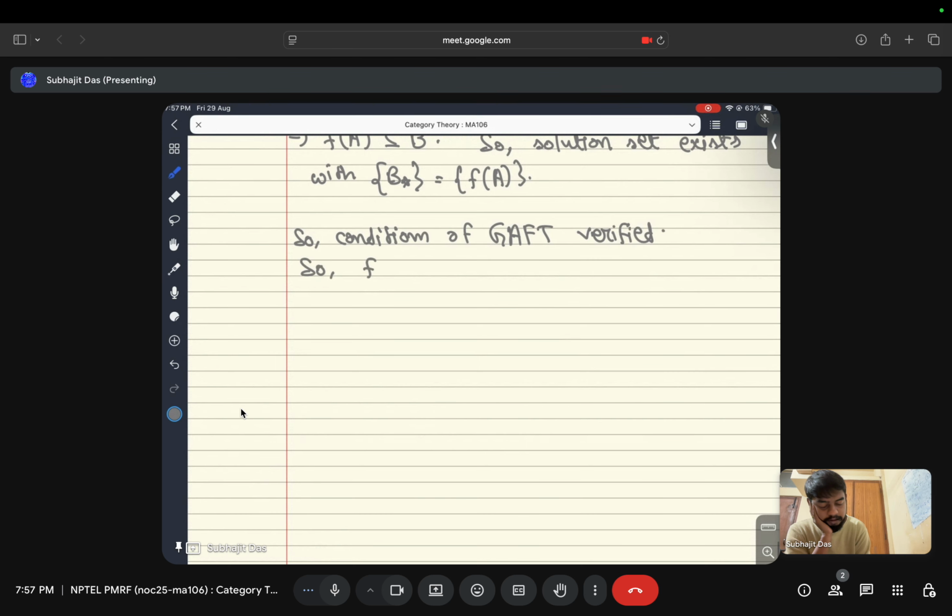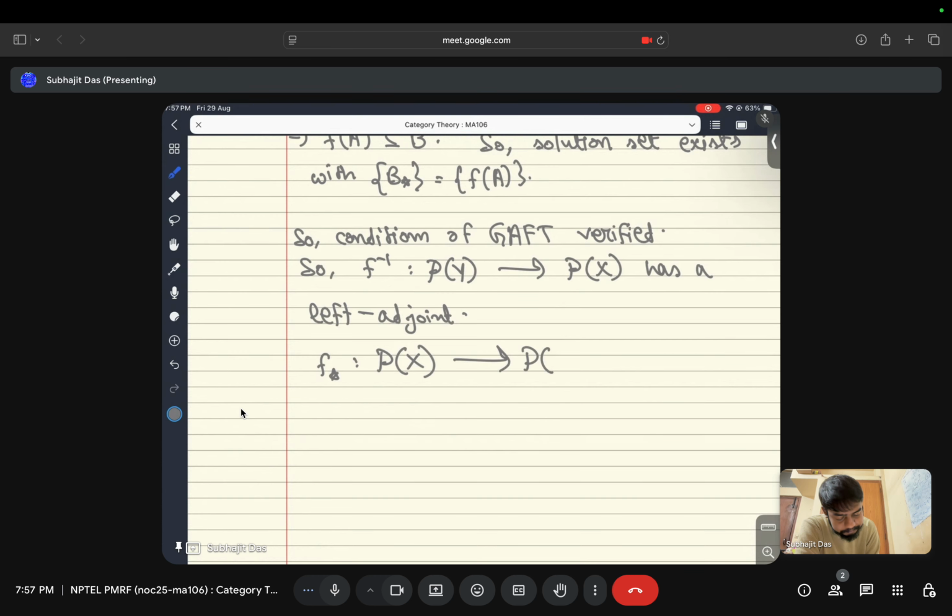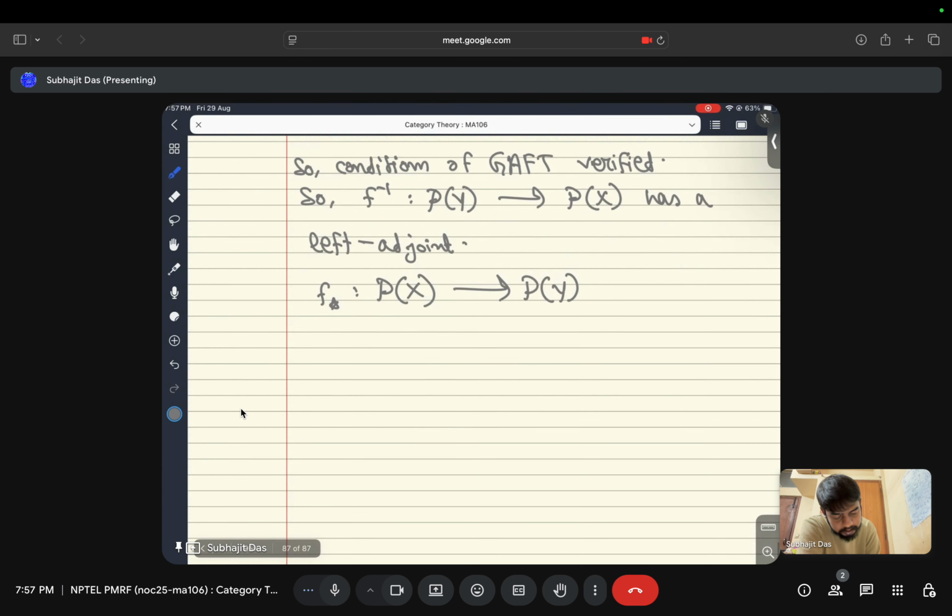So f inverse from py into px has a left adjoint, and in fact we now know what the left adjoint is, but to explicitly guess what this is, let's say f lower star is your functor from px into py, a left adjoint of f inverse.